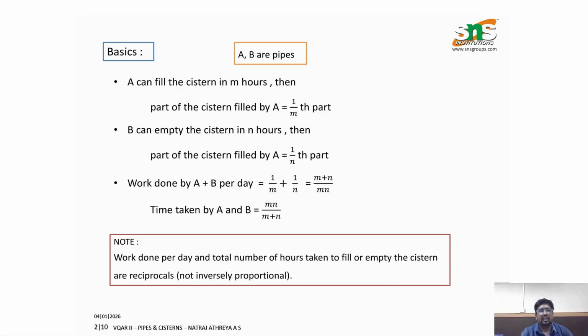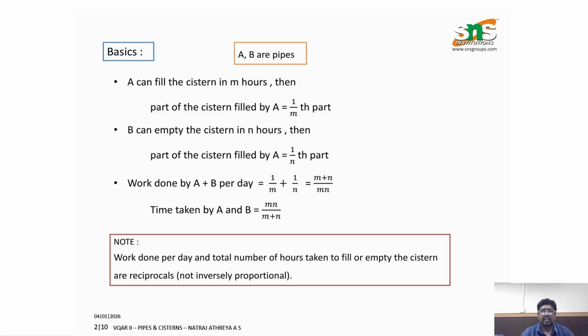There will be another part of the question where it says B can empty the cistern in n hours. So we should immediately write down the amount of cistern emptied by B in 1 hour is 1 by n part.